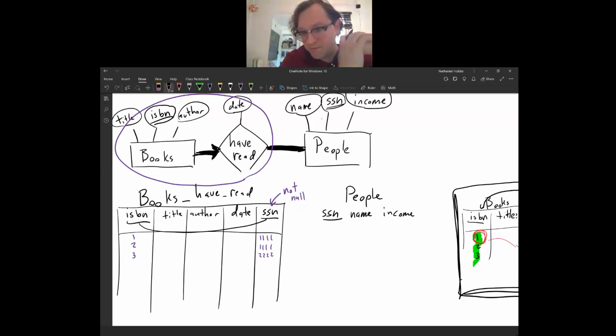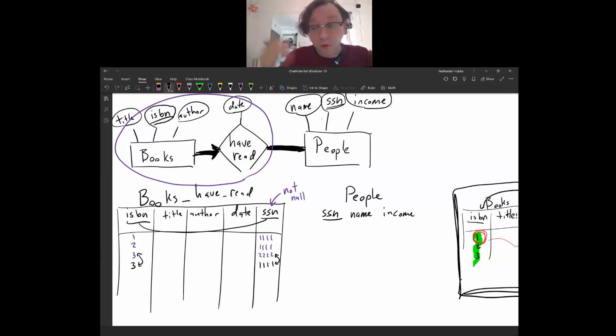I mean, this would, hold on. No, this would be a problem. Because then I could do this. Let's see. Hold on. I could do that too. And now this is okay because it's a compound key. And so it's okay for this 3 to appear twice because here these disagree.